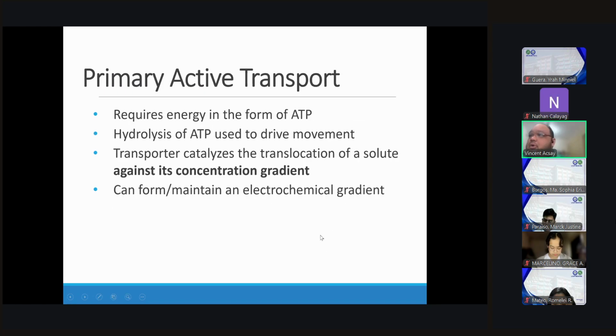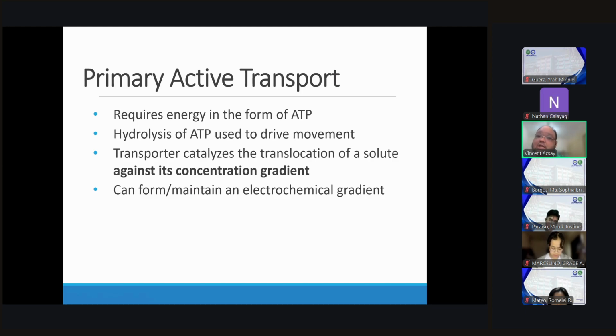The other form of protein-mediated transport is primary active transport. This requires the use of ATP. The transport protein binds with ATP and becomes phosphorylated. ATP moves down to become ADP.